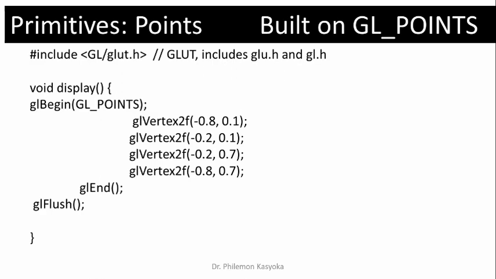As we said in the previous slide, we have 2f specifying the two floats that we need to give the coordinates of the different points. If we have glVertex2f and then another glVertex2f, there are 4 of them, so that implies that these are 4 points. Then we end it and flush it to cause it to be displayed.